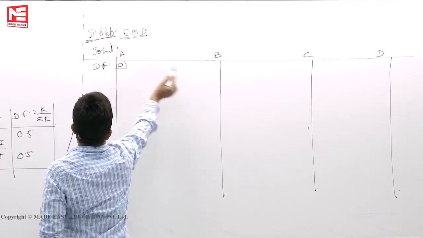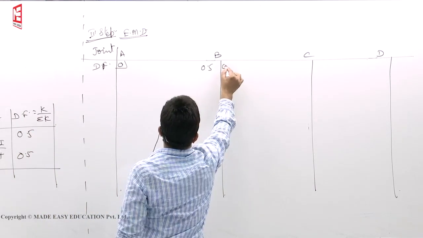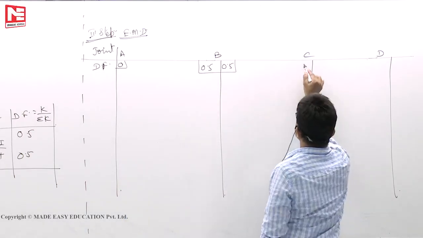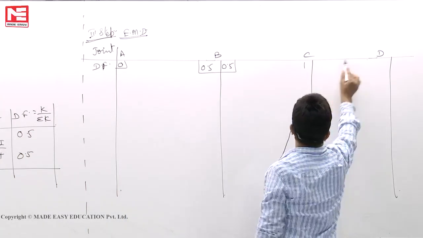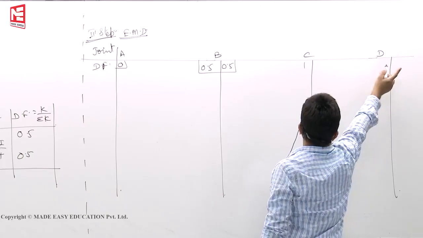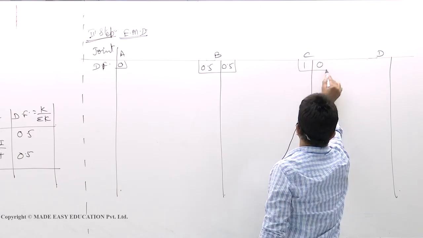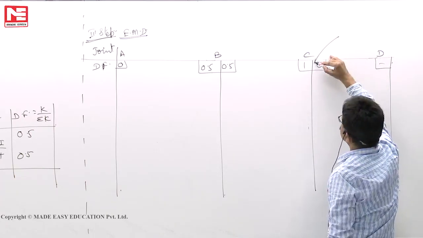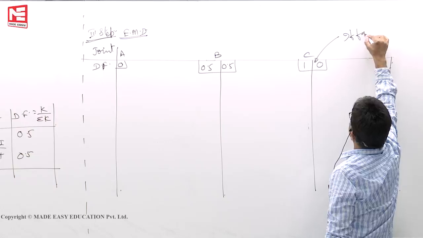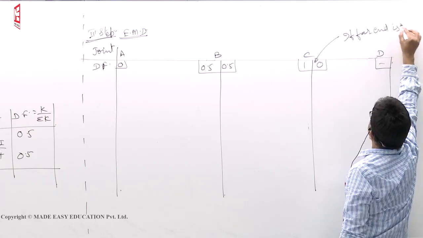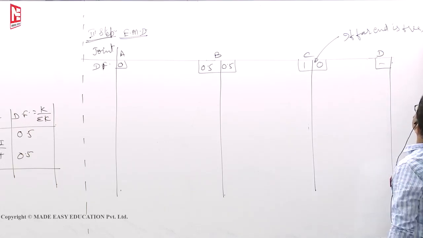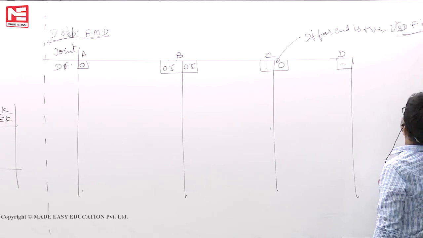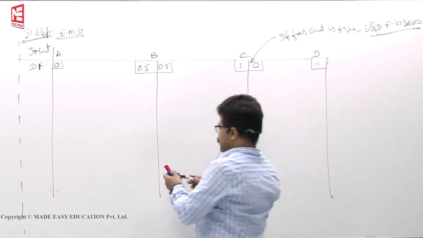It is 0, BA 0.5, BC 0.5. CB, it is 1 because only one member. This is free end. If far end is free, distribution factor is 0. Nothing here because no support. Why 0? I told you earlier, if far end is free, its distribution factor is 0. So, that is why it is 0.